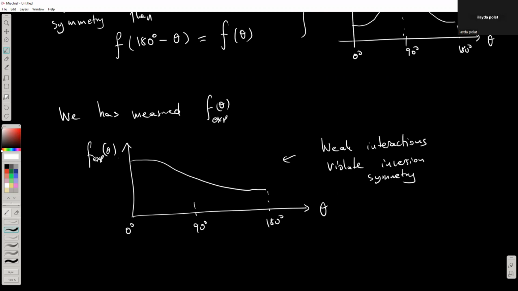People just call this P violation because they use P, parity, as a word synonymous with the inversion operation. When people say P symmetry of nature, that's actually talking about this. So somehow the weak interactions do not actually have inversion symmetry.